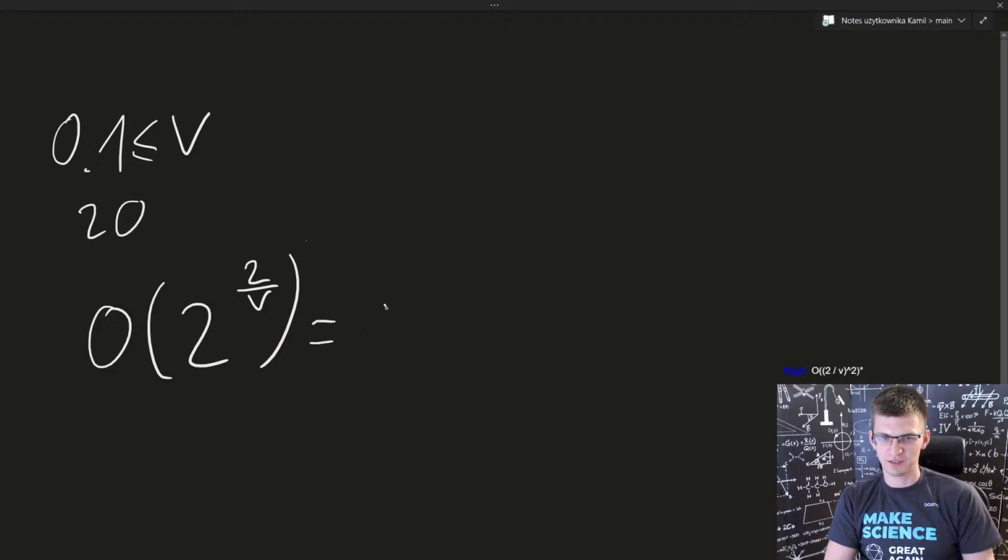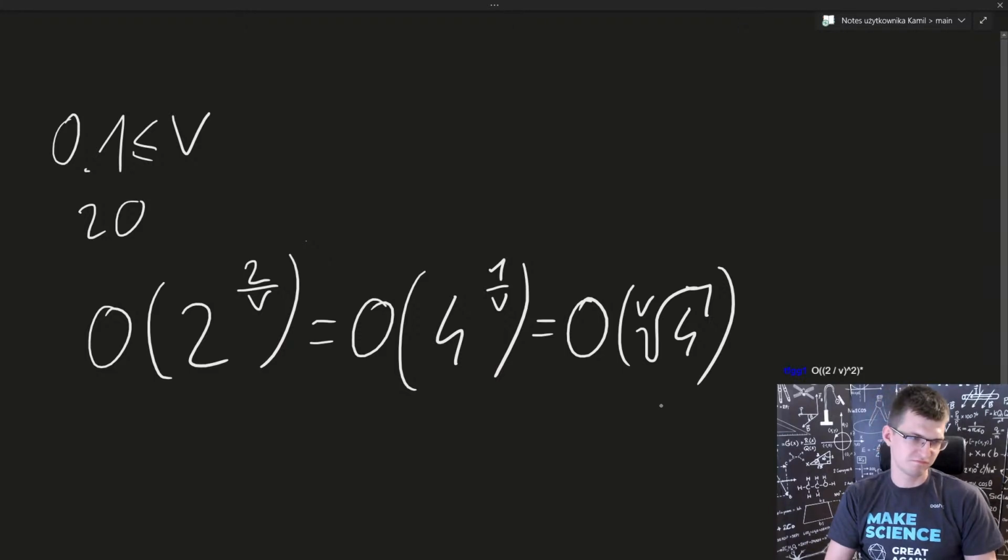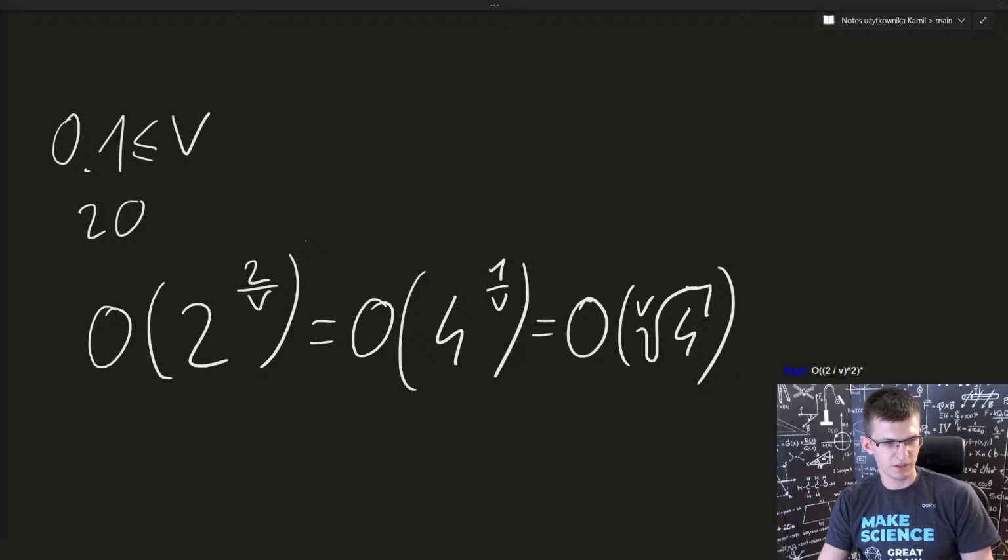This is also 4 to the power of 1 over V. So that's the square root of 4 to the power of 1 over V. Am I right? 2 over V to the second power? What? No, of course not.